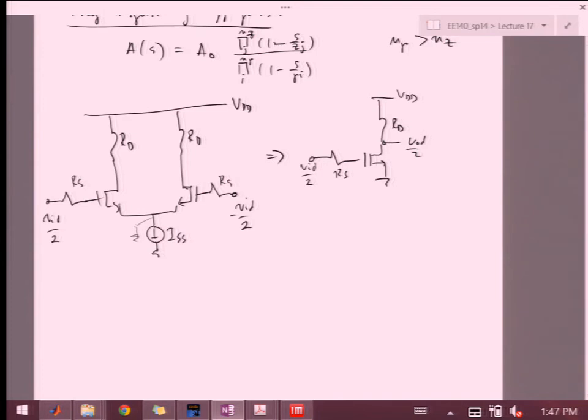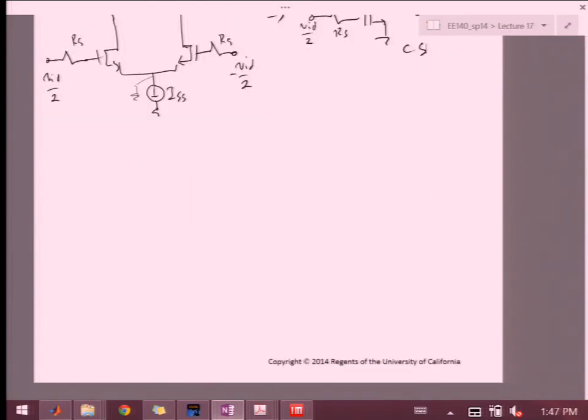Okay. So what is this topology? We sort of already did this, right? It's a common source. So I'll just real quick jot down the common source small signal. In that one, we had VI, we had RS. Then we had the CGS cap with VGS.